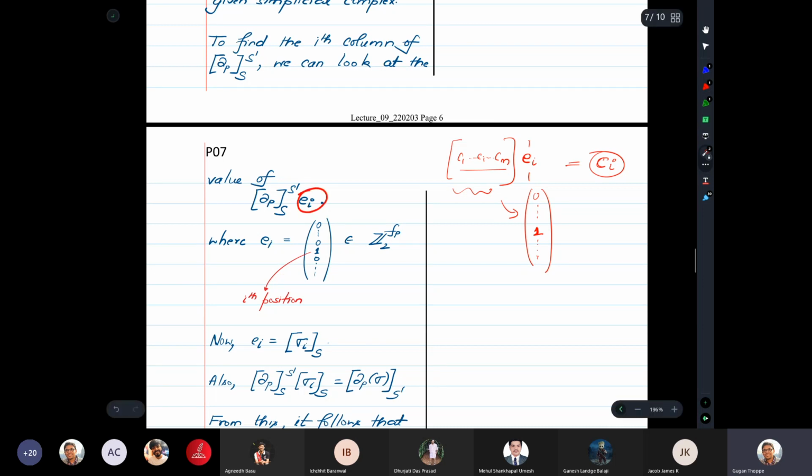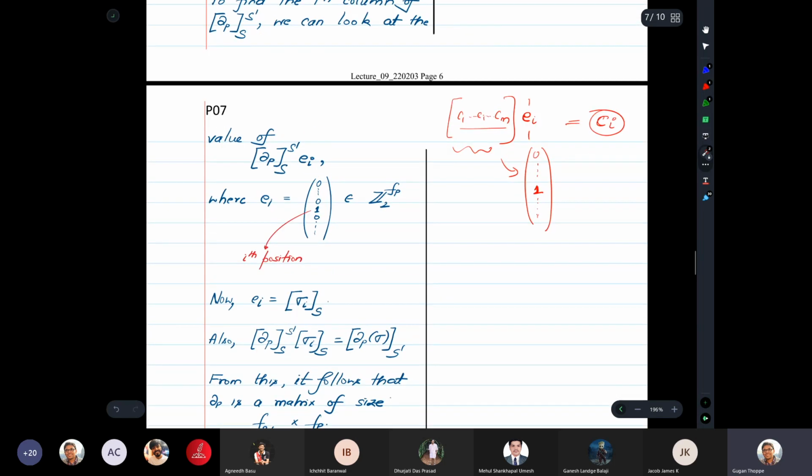So in order to find the ith column of this matrix, I'm going to multiply it with Ei. So now I'm going to ask, what is this product? Now what we saw above was that this relationship should be true.